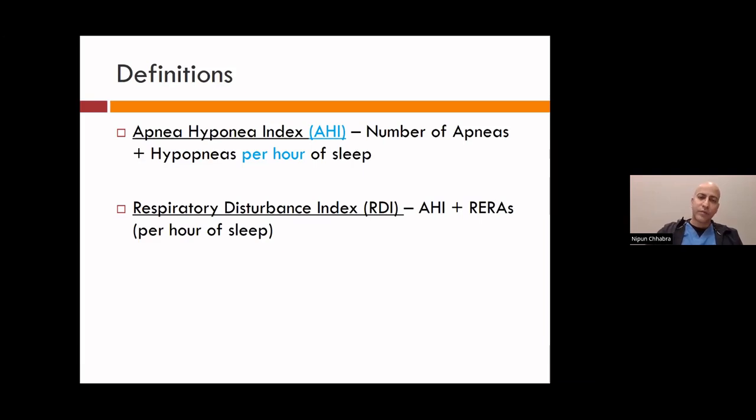That's different from the RDI, also known as the respiratory disturbance index, which calculates the AHI plus the RERAs. The RDI really comes into play when we're looking at patients that may not meet the criteria for obstructive sleep apnea, but may meet the criteria for upper airway resistance syndrome.